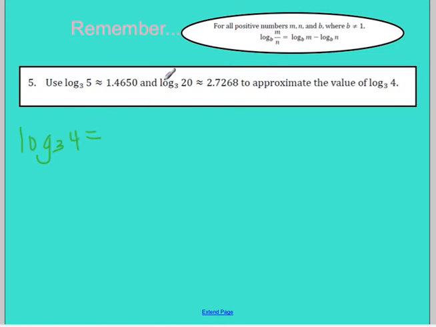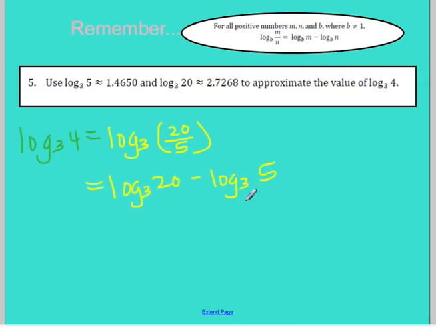So using 20 and 5, how would I get to 4? Well, it would really be log base 3 of 20 divided by 5. That will give me 4. So since it's division, I can rewrite this with subtraction. So it's log base 3 of 20 minus log base 3 of 5.